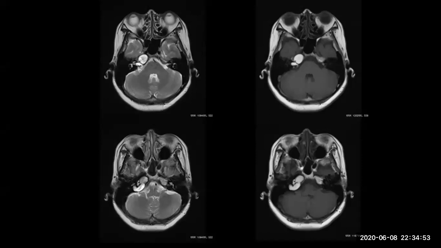The main differential here is cholesterol granuloma and cholesteatoma. An epidermoid cyst is in the CSF spaces, not in the petrous apex. Some books call congenital cholesteatoma an epidermoid. Yes, I know that. But for other differentials, if the patient is 50 years old, it could be metastasis.